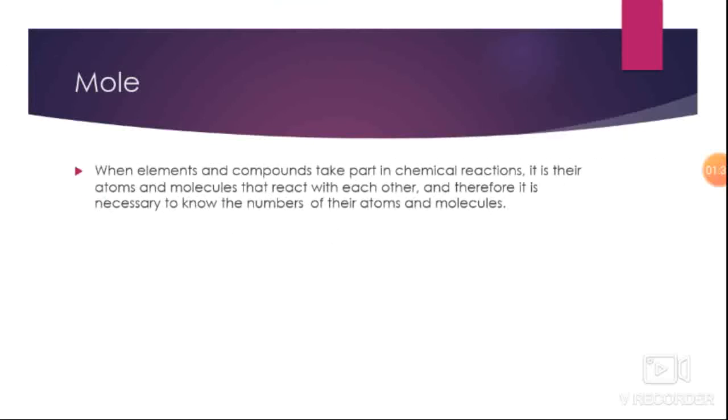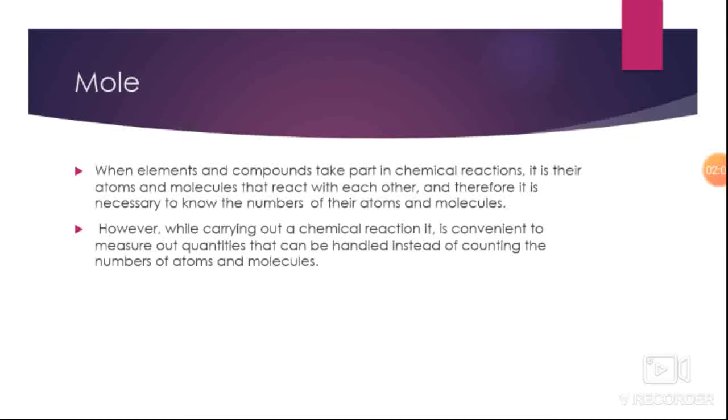When elements and compounds take part in a chemical reaction, it is the atoms and molecules that react with each other, and therefore it is necessary to know the number of atoms and molecules.